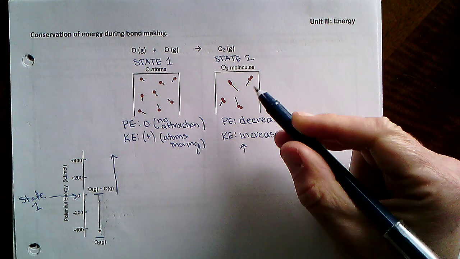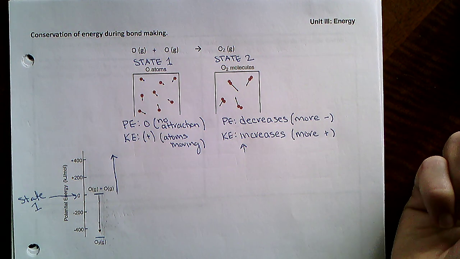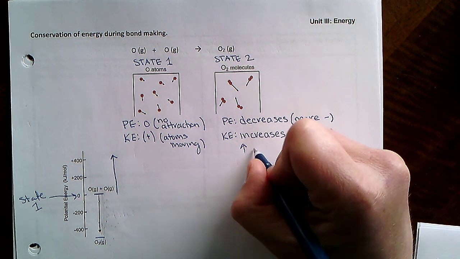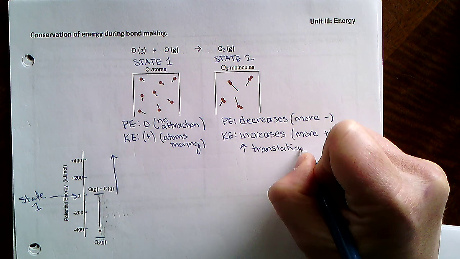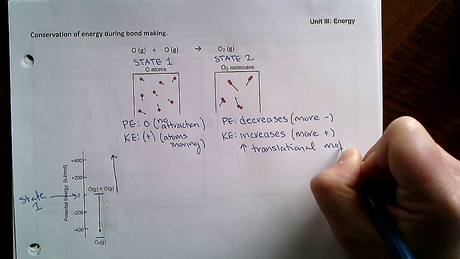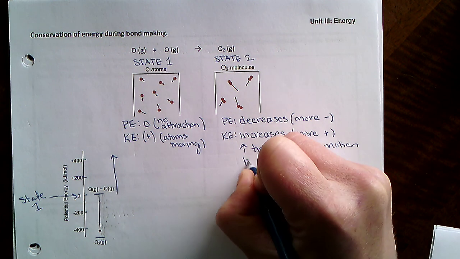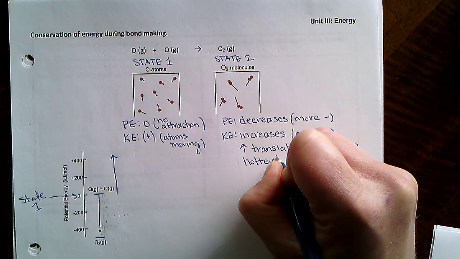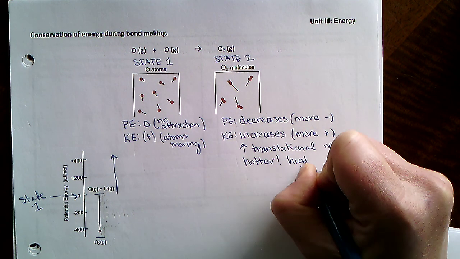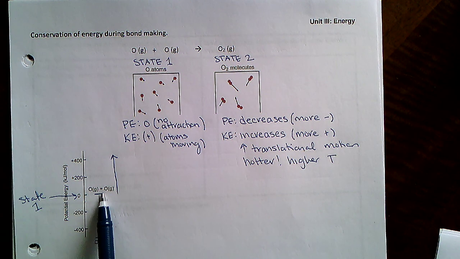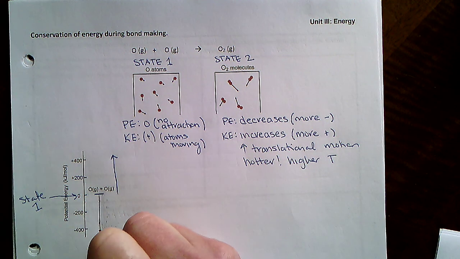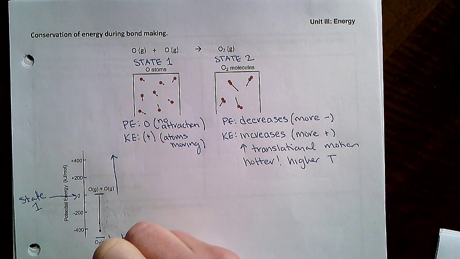If these are molecules, they're going to increase their vibrational motion, their rotational motion, and their translational motion. So they're going to be hotter, a higher temperature. So whatever the temperature of these oxygen atoms was when they were separate, they got hotter. You could think of it as hot products getting made.